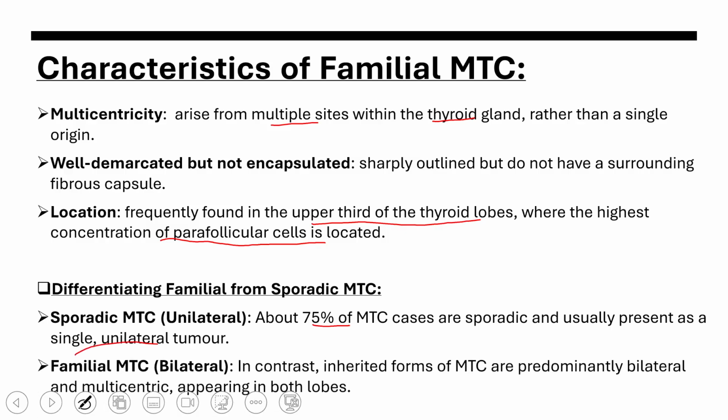But in familial cases, bilaterality and multicentricity are seen, and these are the inherited forms of medullary thyroid carcinoma, predominantly bilateral and multicentric. Bilateral means both lobes of the thyroid gland are affected.